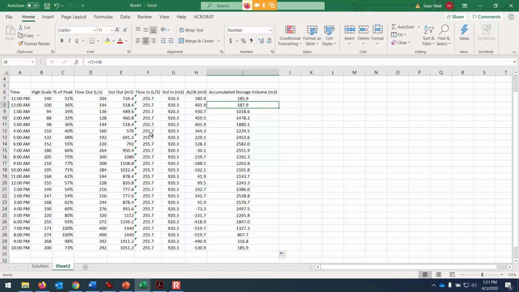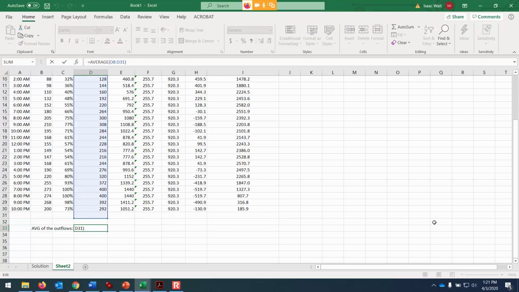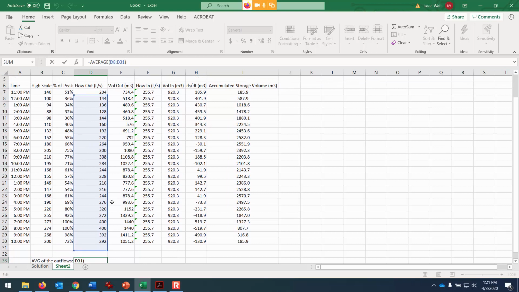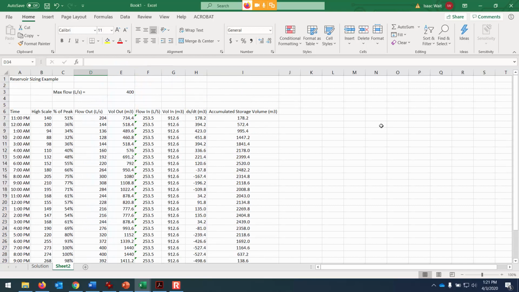I wonder. Oh, I know what happened. My average changed when I dragged that cell to the top. You see where I was calculating the average? It looked in the wrong place, and so now if I readjust that so that now it's looking at the entire daily cycle, yes, now it's working.